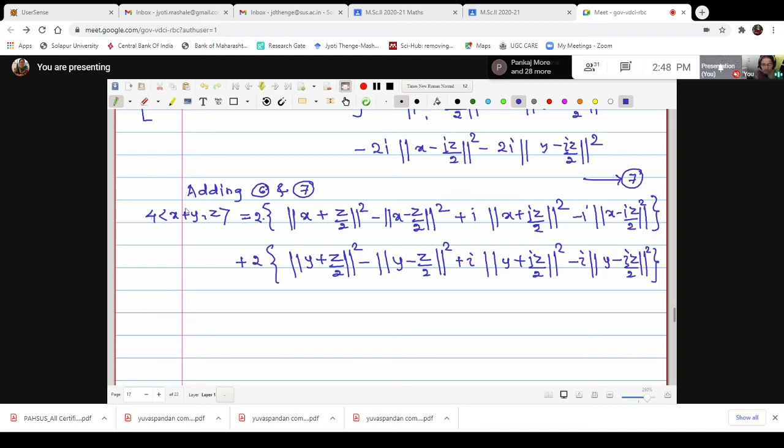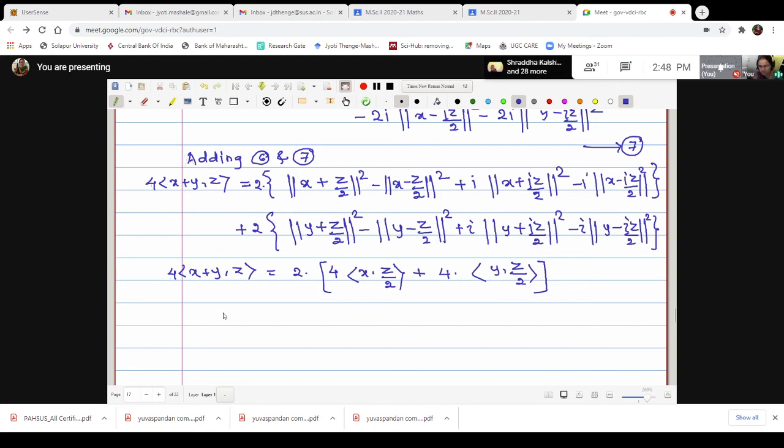Therefore here by definition we can very easily say 4 times inner product x plus y with z is equal to, this is 2 as it is, this is 4 times inner product x with z by 2, the first bracket. Second bracket is 4 times inner product y with z upon 2. Right? Therefore 4 I will cancel throughout, and we will just observe what is remaining with us.